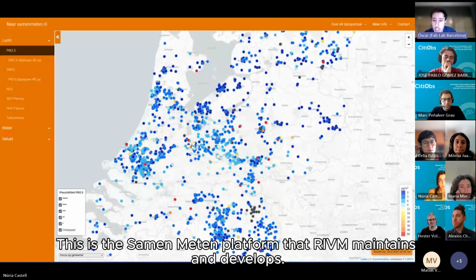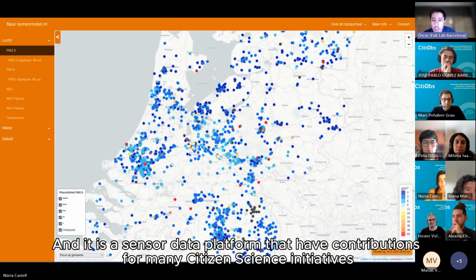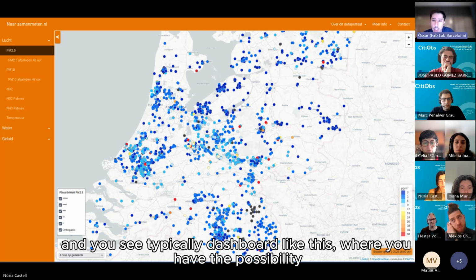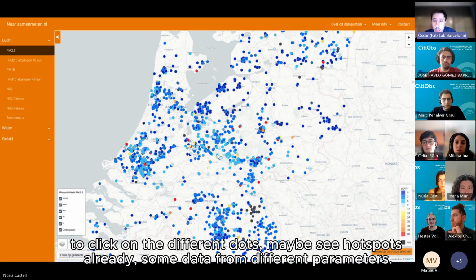This is the Samen Meten platform that RIVM maintains and develops, and this is a sensor data platform that has contributions from many citizen science initiatives. And you see typically a dashboard like this where you have the possibility to click on the different dots, maybe see hotspots already, some data from different parameters.